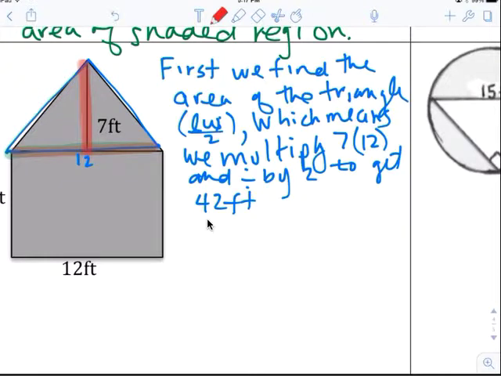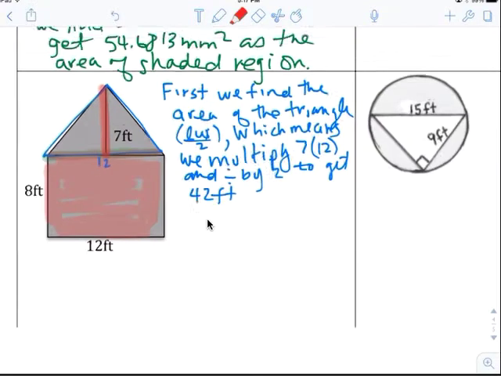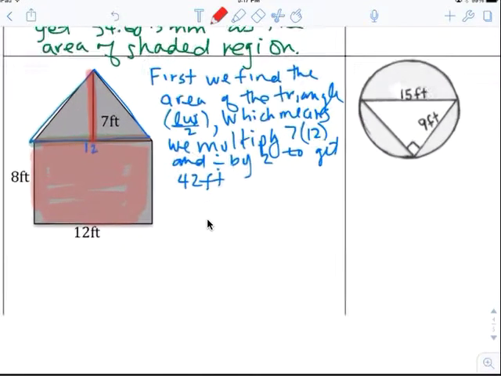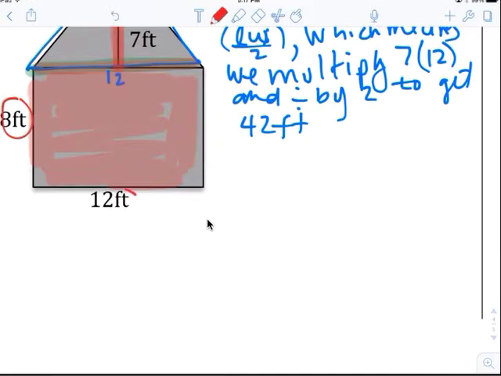Okay, next we find the area of this rectangle, right? So that's just length times width. We don't need to do Pythagorean theorem because we have the length, we have the width.